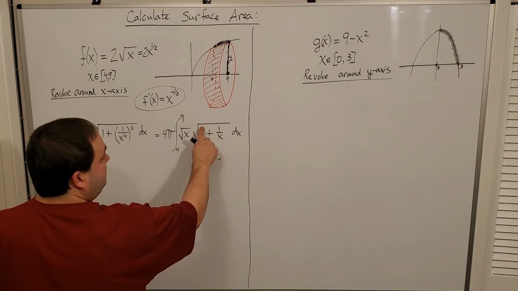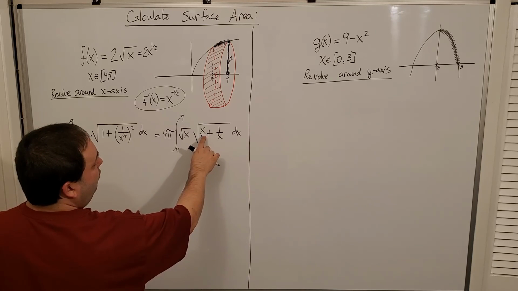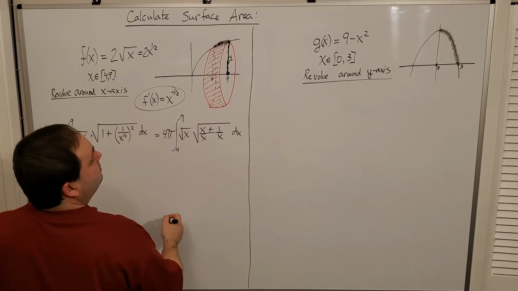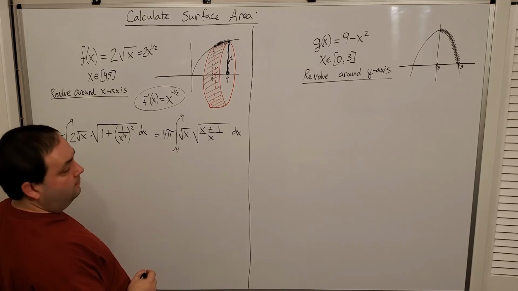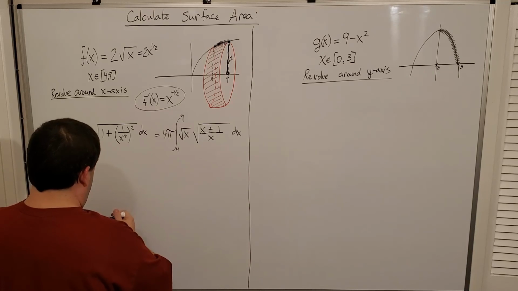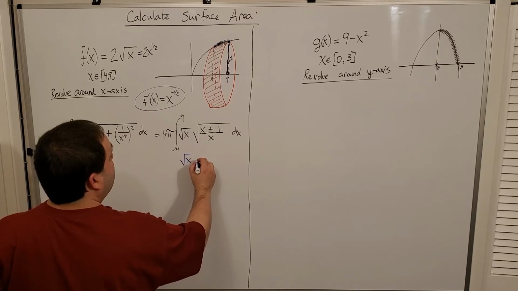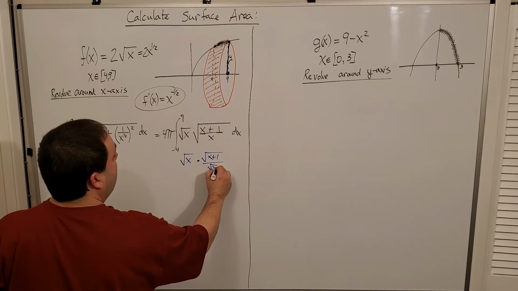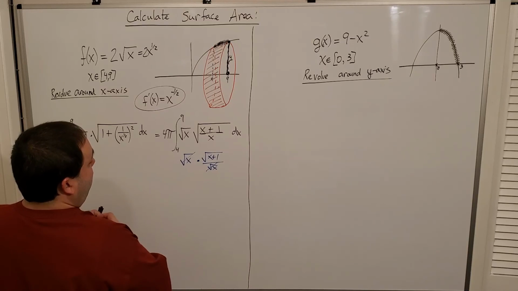Don't forget, 1 is the same thing as x over x. So really what I can do is I can merge these into an x plus 1 over x, like that. The reason why that's good is because I can rewrite this inside of my integral here as the square root of x times square root of x plus 1 over square root of x, which is going to allow me to take away those 2 square roots there.